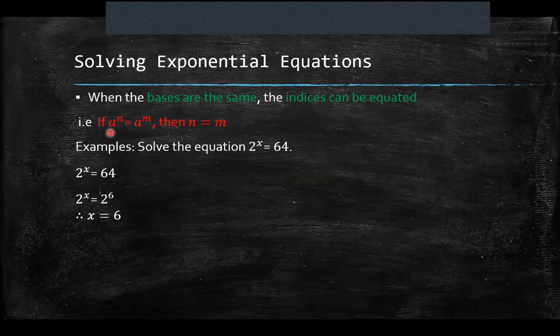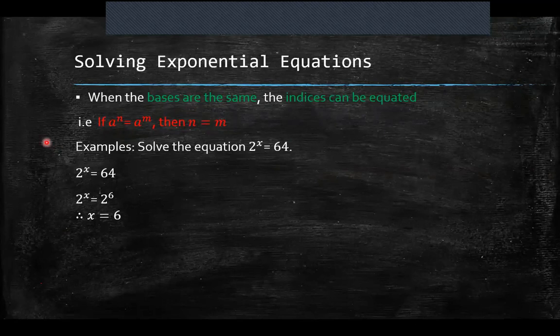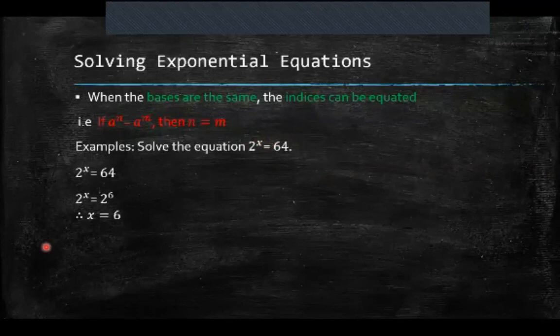What exactly is the base? You see this letter a here? This letter a represents my base. So these two numbers must be the same for me to equate their indices. Example, solve the equation 2 to the power of x is equal to 64. So I see that 2 and 64, they are not the same. They don't have the same base. So what I need to do is to make sure that they have the same base.